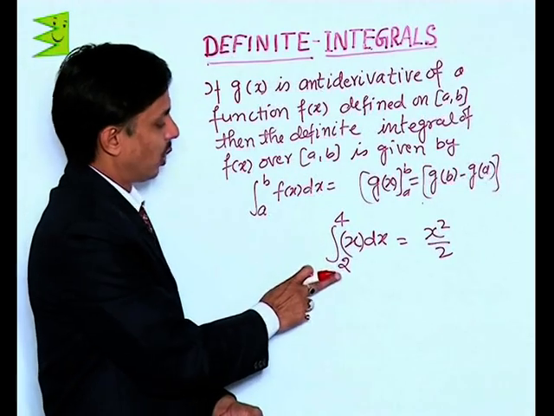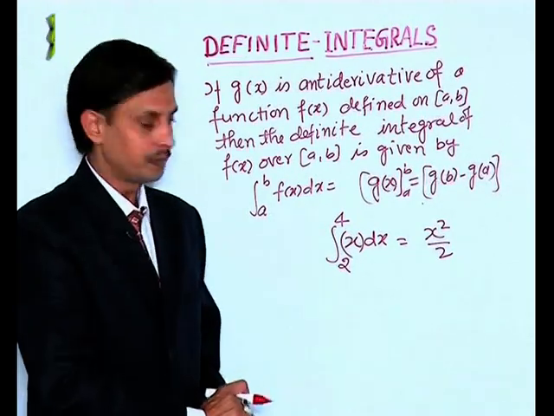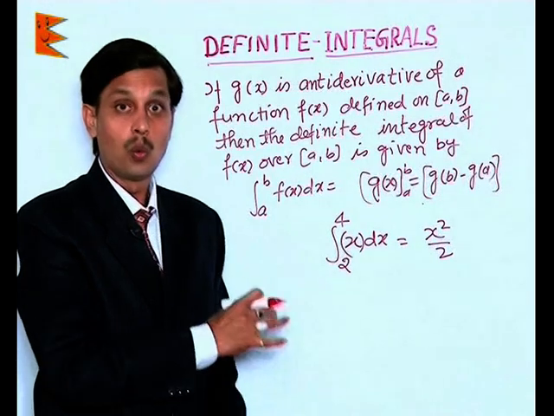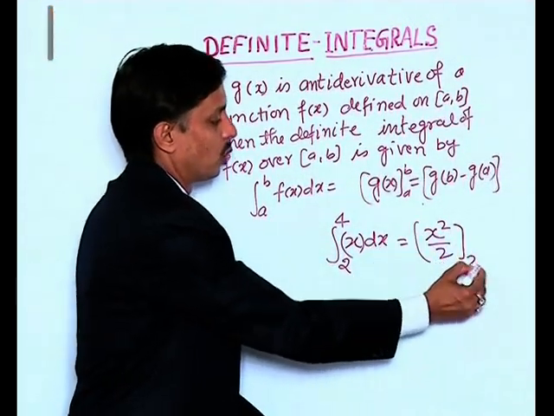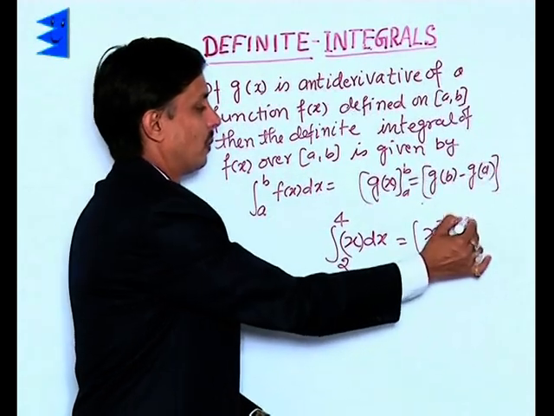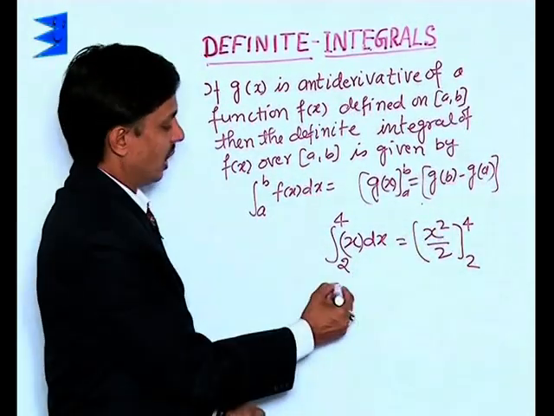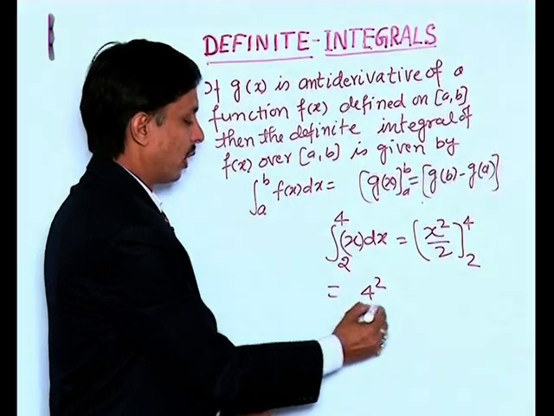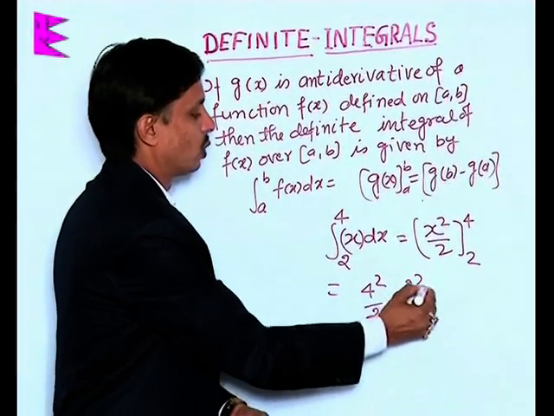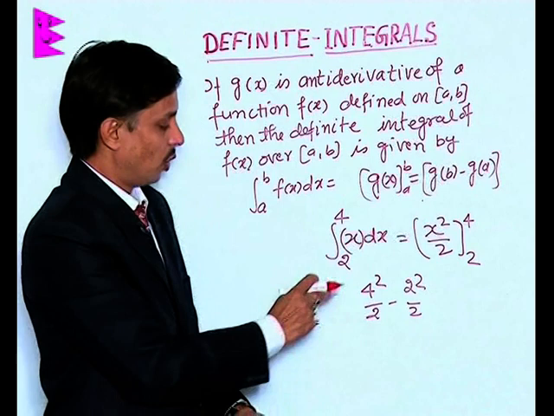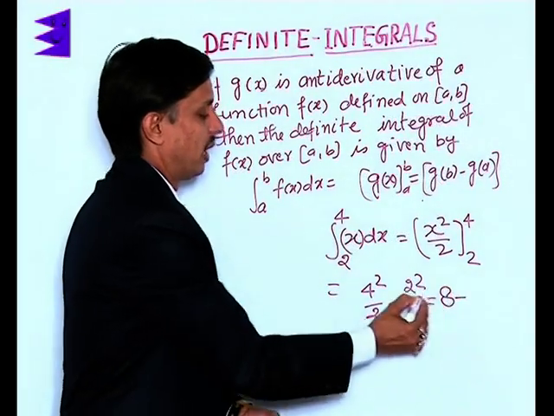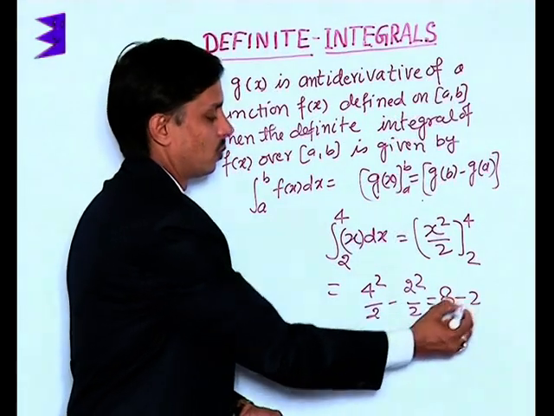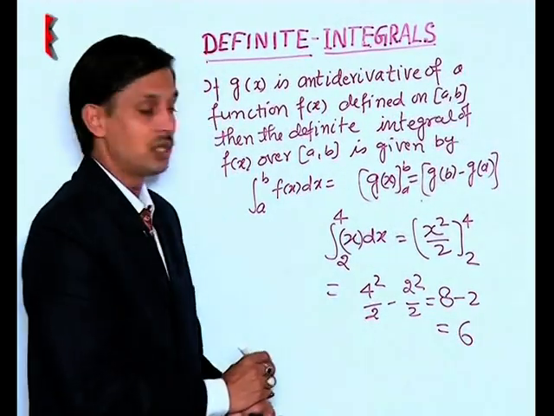But here the lower limit is 2 and the upper limit is 4. We want to obtain the value in the definite integral. So this integration will be bounded from 2 to 4. Now this value will be 4 squared upon 2 minus 2 squared upon 2, which is 4 squared means 16 upon 2, 8, and minus 4 upon 2, that is 2. So this answer will come as 6.